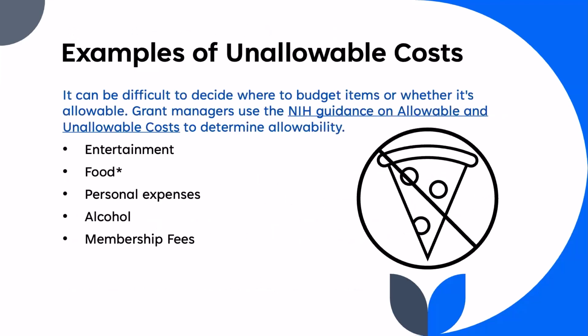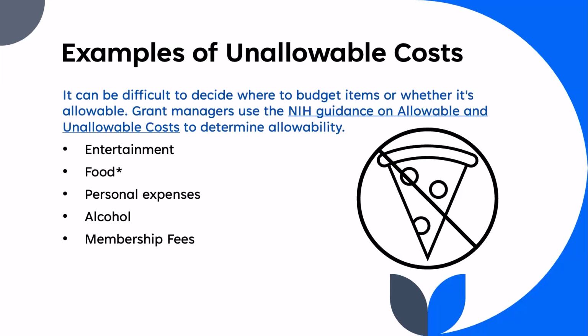And so you're probably wondering, what's allowable? The trip to Las Vegas for all of you is probably not something Uncle Sam is going to pay for. But here are some examples that you can for sure identify as not allowable per the NIH guidance that we just provided for you. Cost of entertainment. As I alluded to earlier, you can't take your team to the movies or throw a party with this funding.